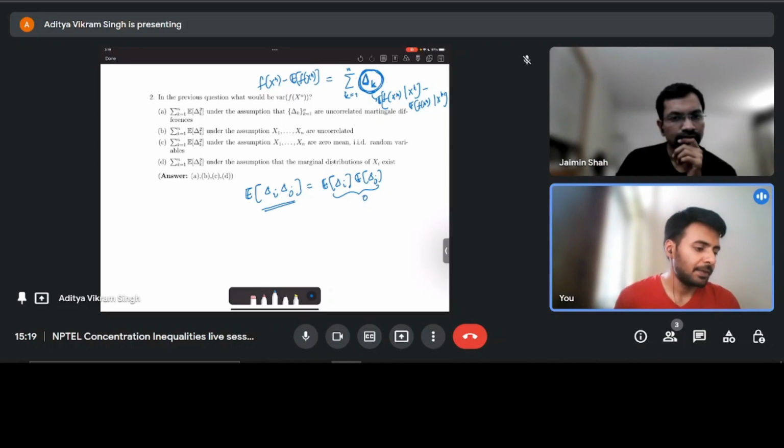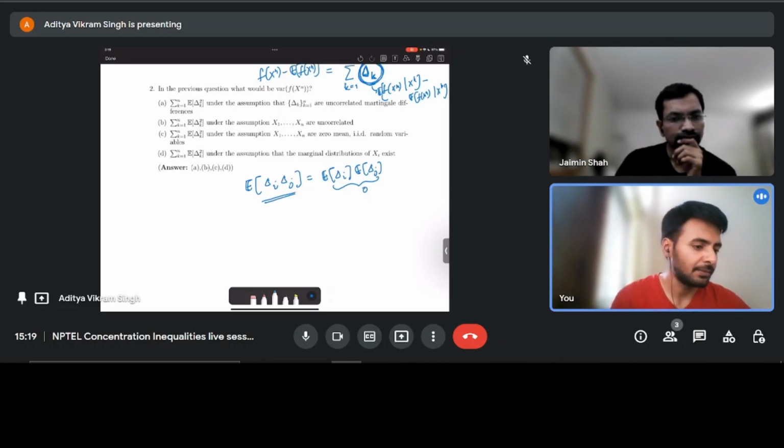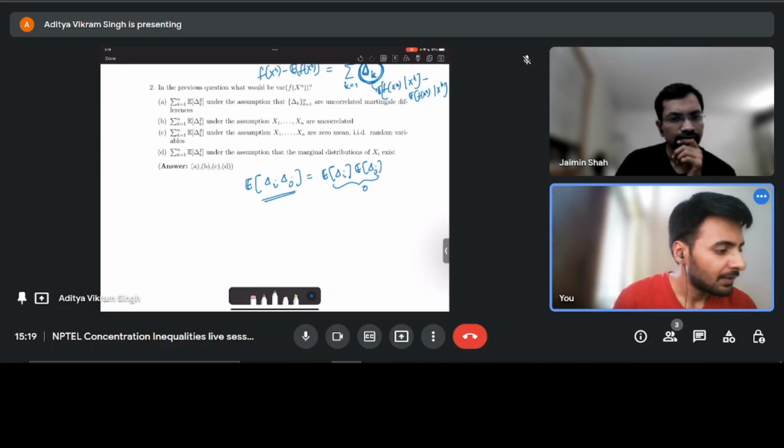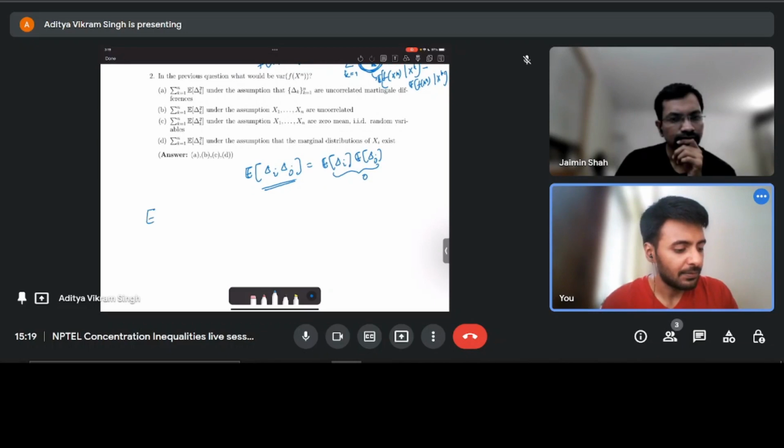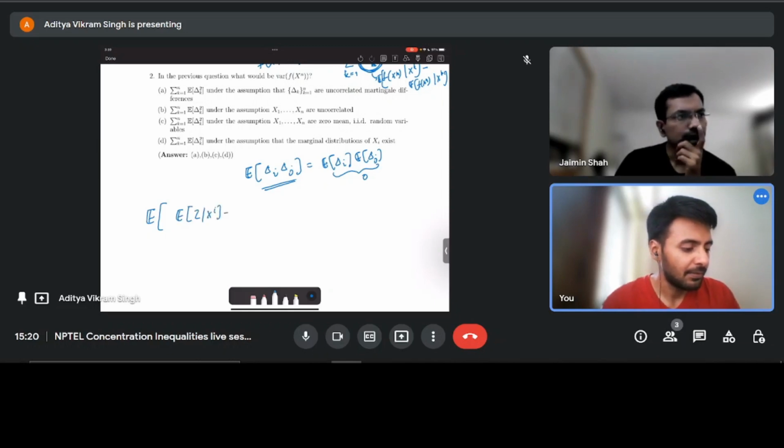This derivation did not involve any use of independence at all. It did not require any assumption. So if we want to show this, let me write it in terms of z. We have z given xi minus z given xi minus 1. So this was delta i.